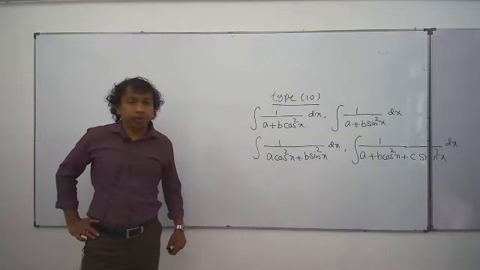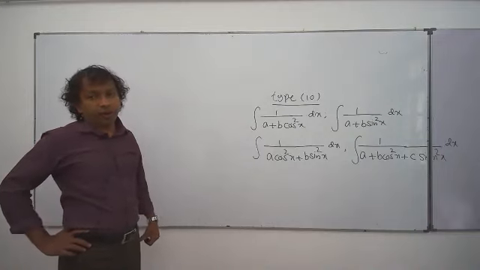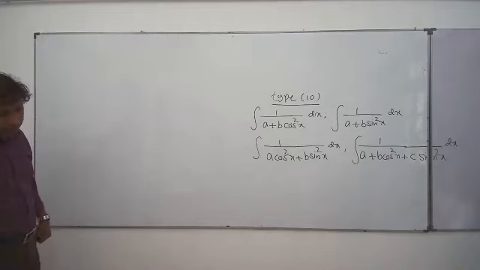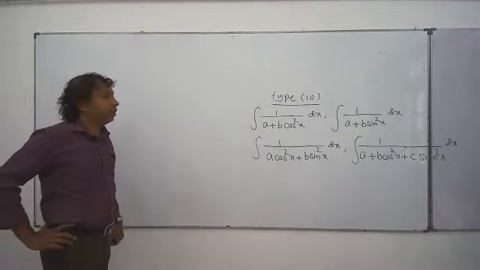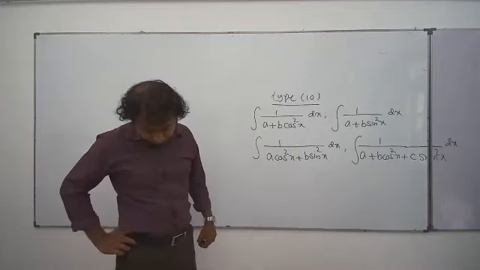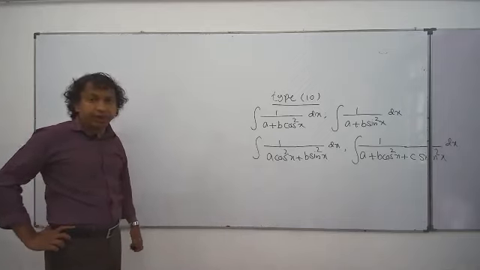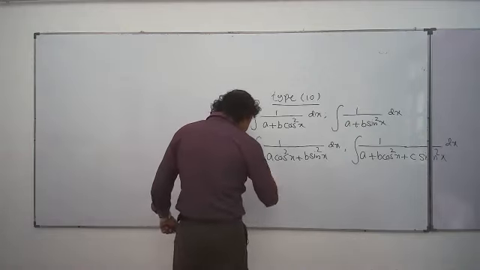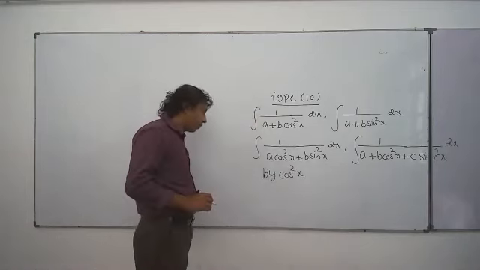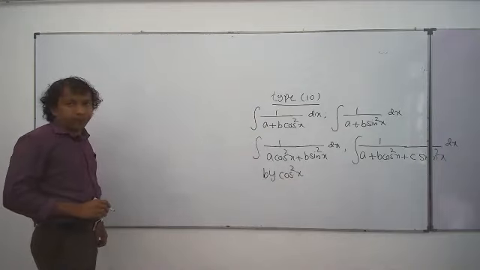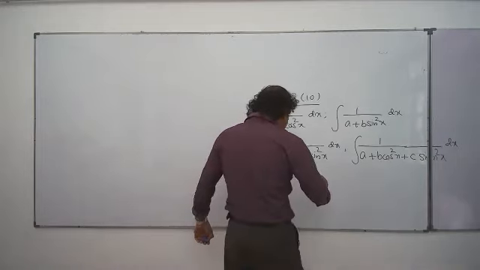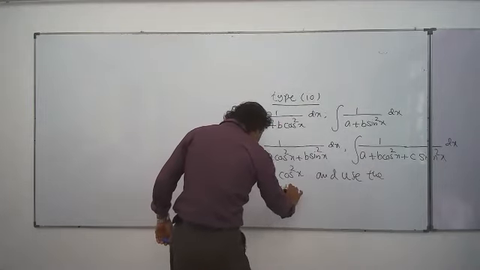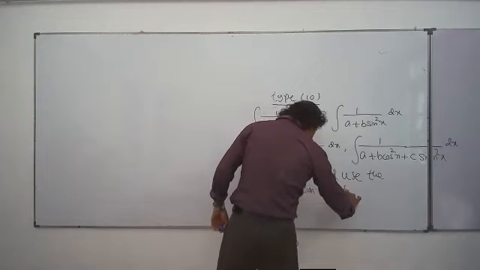Write down like this. Divide the numerator and the denominator of the integrand by cos squared x and use the substitution t equals tan x, not tan x by 2.